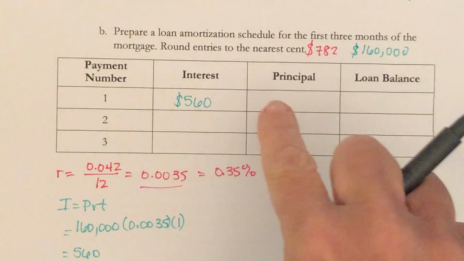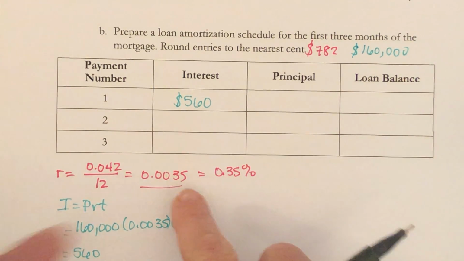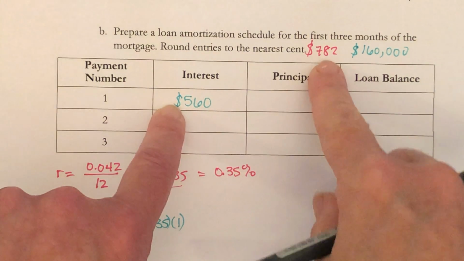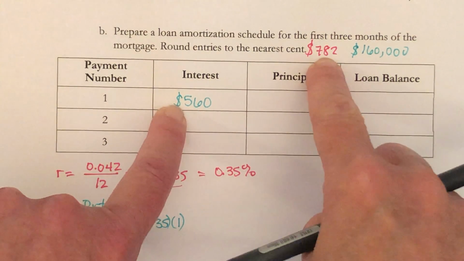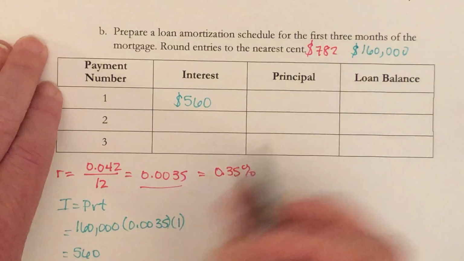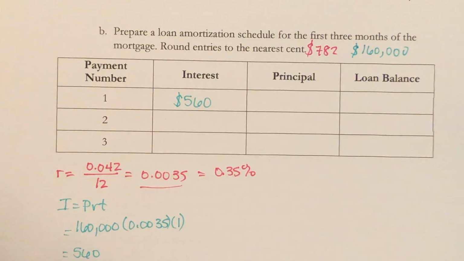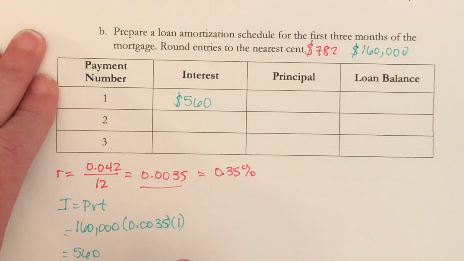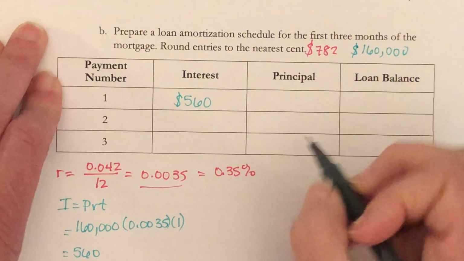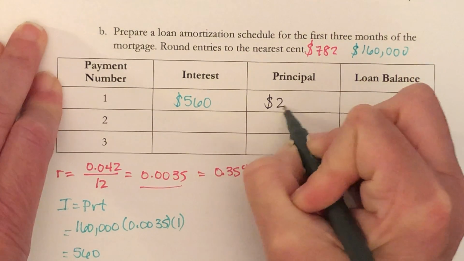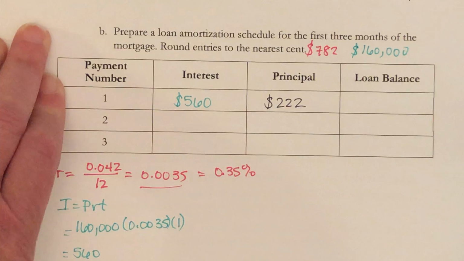Now to find out how much of the principal: $560 of my $782 payment went towards the interest. So to figure out what goes to the principal, you do 782 minus the 560, and you get $222. So $222 went towards the principal.